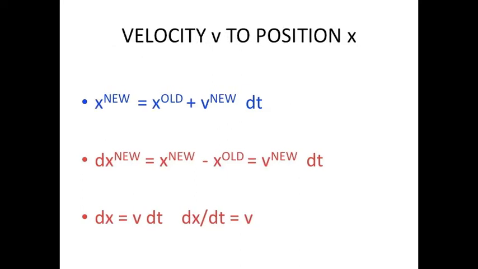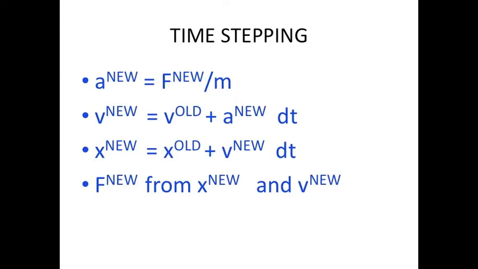Next, position x is similarly updated from velocity v with position increment dx equal to v times dt, or dx over dt equal to v. We can now summarize time stepping in these formulas, with successive updates of force, acceleration, velocity, position, force, which is repeated with the chosen time step from a given initial position and velocity until the final position and velocity at the final time is reached.